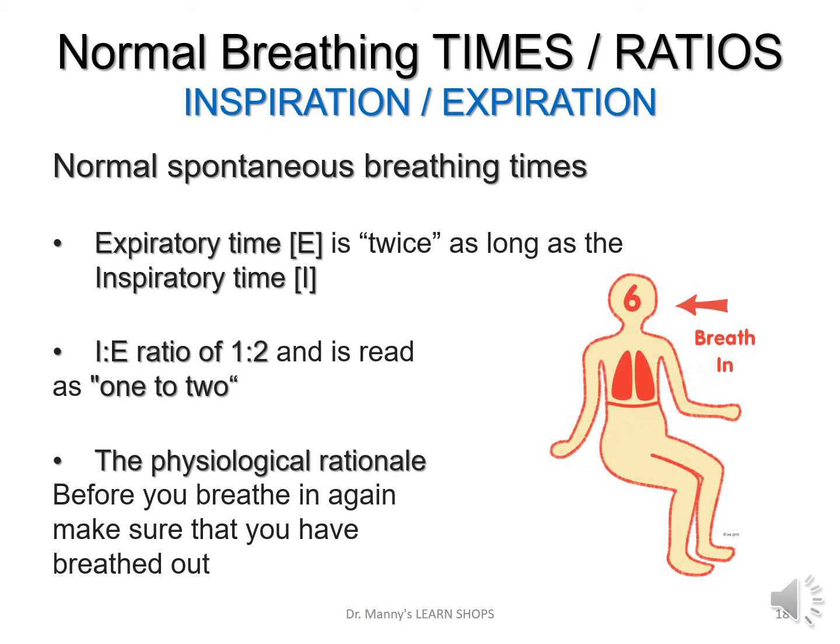So the physiological rationale for an IE ratio of 1 to 2 is to provide the person with time to exhale before they inhale for the next breath. Make sure that you've breathed out an adequate amount of air before you breathe in again. The normal IE ratio is typically 1 to 2 or 1 to 3.